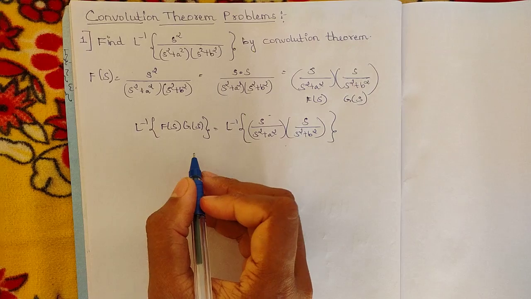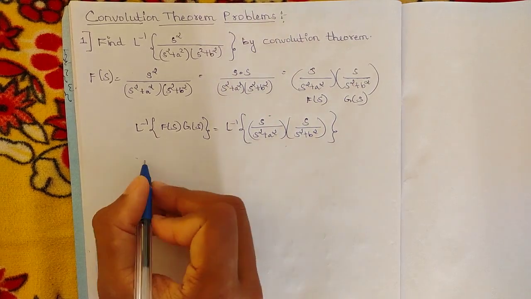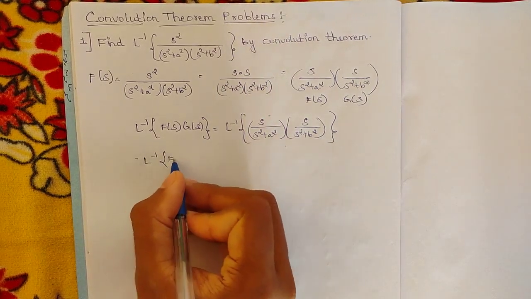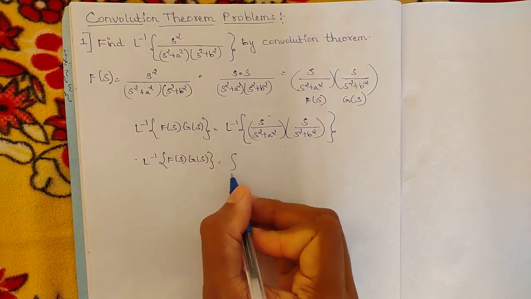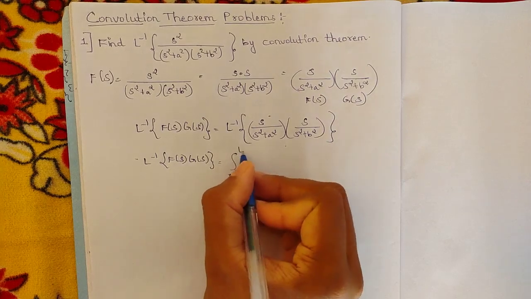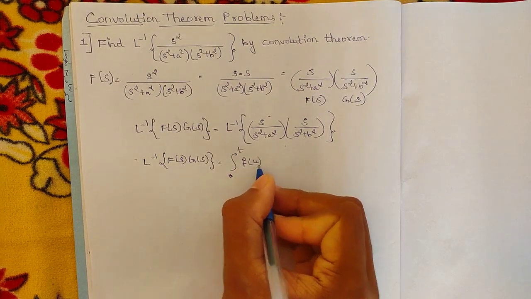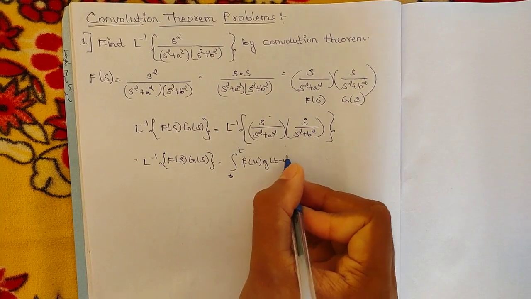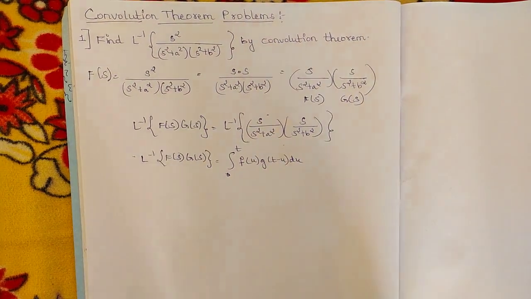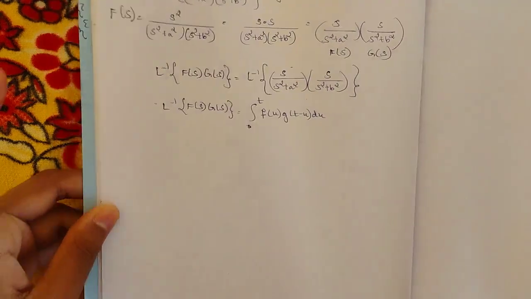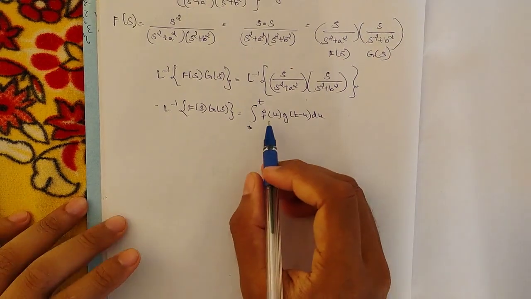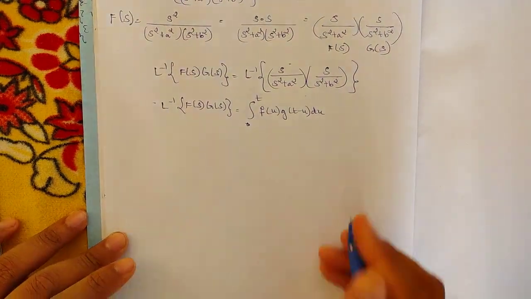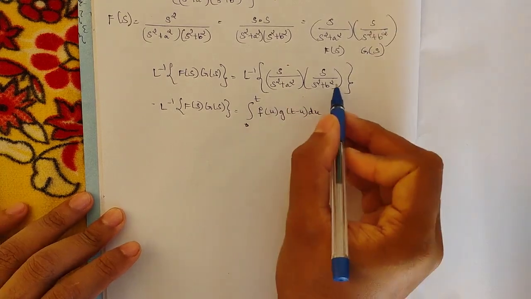According to the formula, L inverse of f of s into g of s is equal to the integration from 0 to t of f of u g of t minus u du. Let us solve it now and see what we get. Here we have it in terms of f of u, but we have written the values of f of s and g of s.